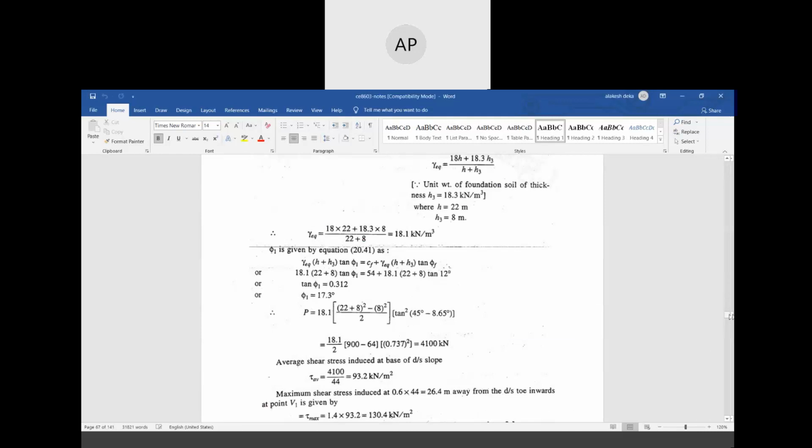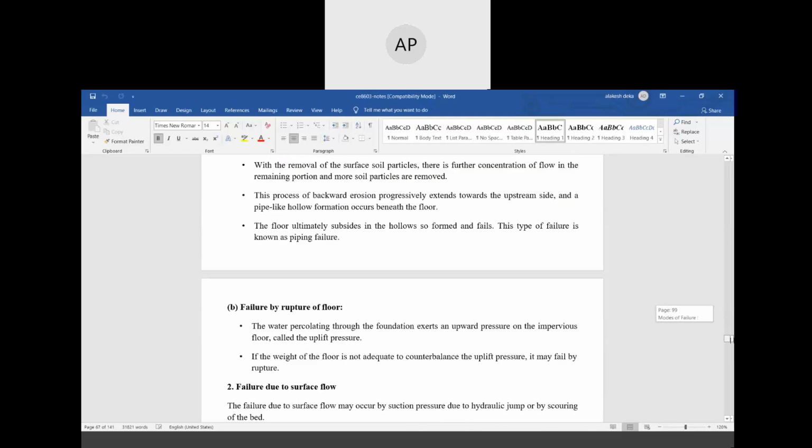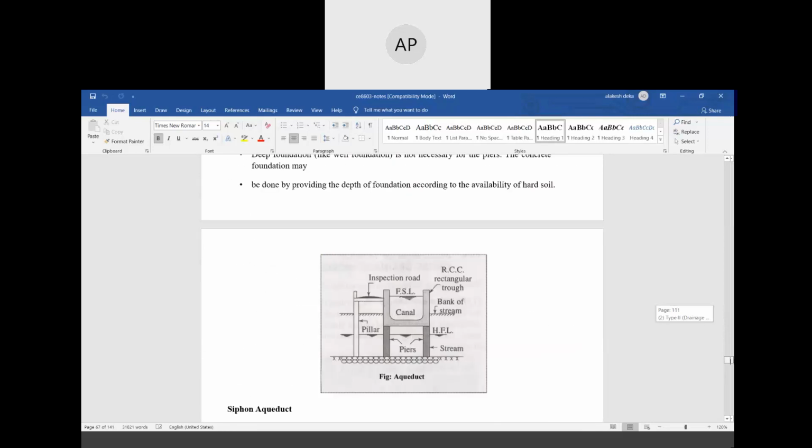We have discussed Kennedy's silt theory and Lacey's silt theory as a limitation of Kennedy's silt theory, isn't it?